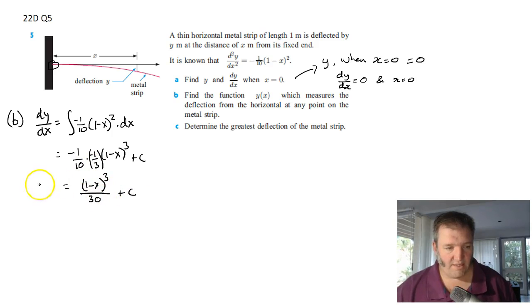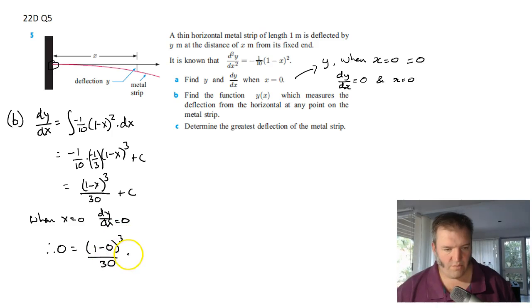In the denominator, 3 tens are 30, plus c. Now, we know that when x equals 0, dy/dx should also equal 0. So that's going to let us calculate c. So 0 is going to equal 1 minus 0 cubed divided by 30 plus c. 0 equals 1 over 30 plus c.